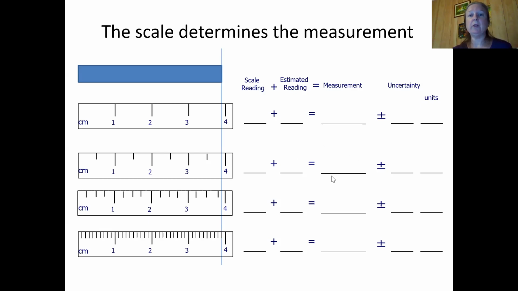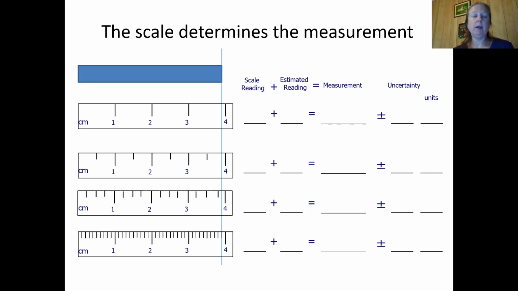That's what I'm going to say. I'll say 3.85 plus or minus 0.05 centimeters. This 0.5 divided by 10 is 0.05, and that goes over here. And then we're backwards. This one has 10.